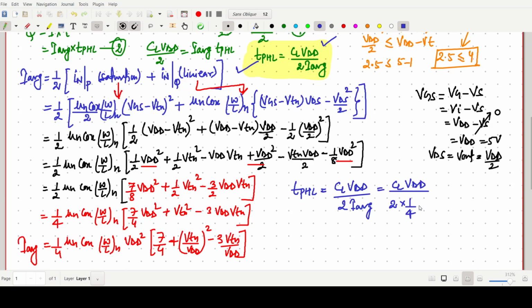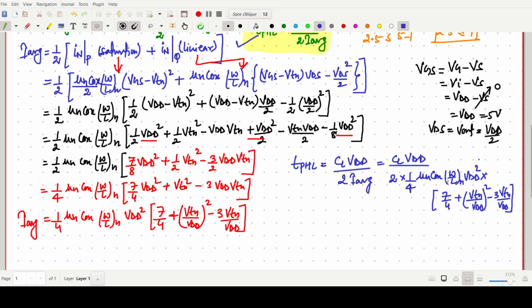1 by 4 mu n COX W by L of n. Then take VDD square common. In the denominator we have to write 7 by 4 plus VTN by VDD whole square minus 3 VTN by VDD. Okay, so this VDD cancels, and this 2 will go up.